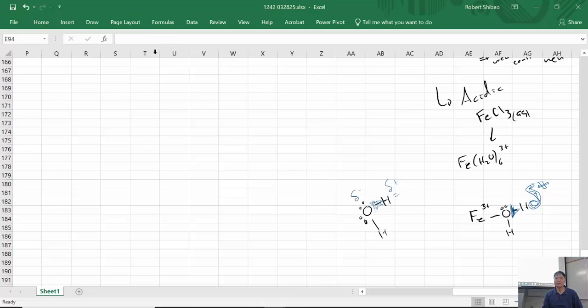And so if a base comes along, the base is going to be more attracted to this higher positive charge, like hydroxide. You know, hydroxide's negative, and it wants positive. And so if hydroxide wants positive, which of these two positives looks more attractive to a hydroxide? Well, this one does here. Does that make sense?